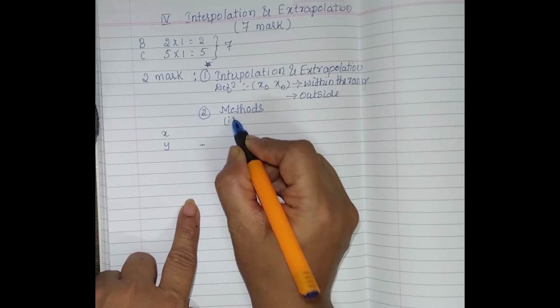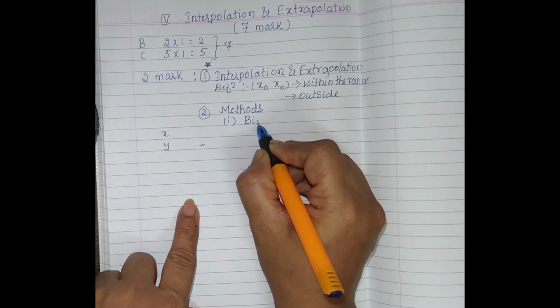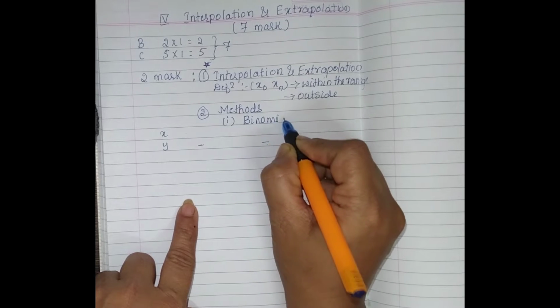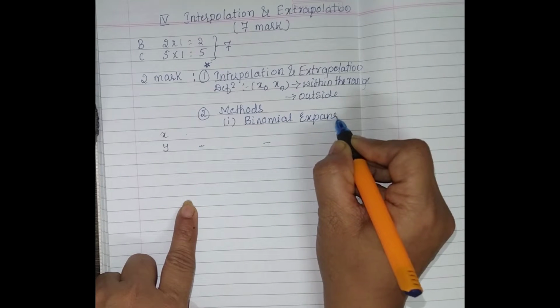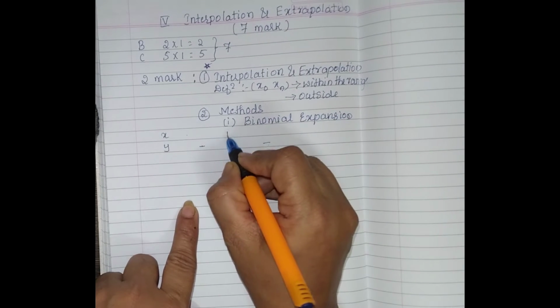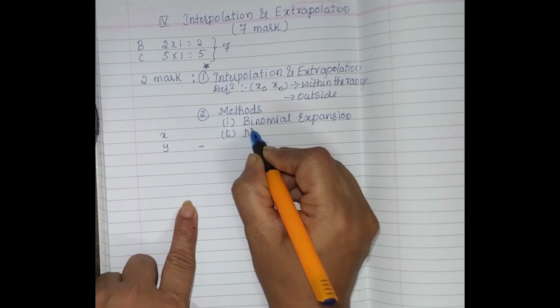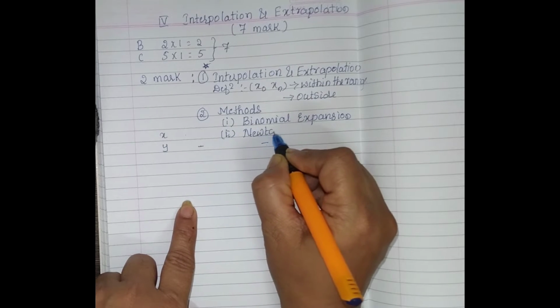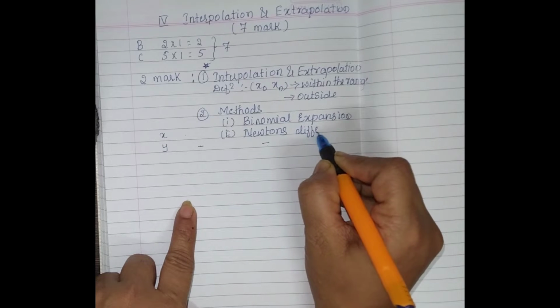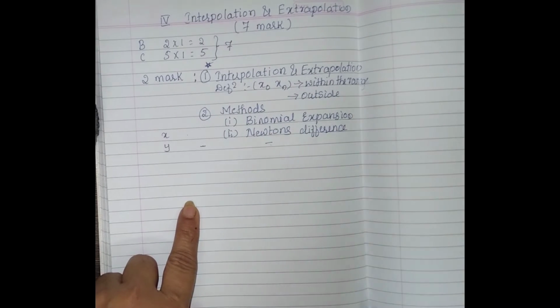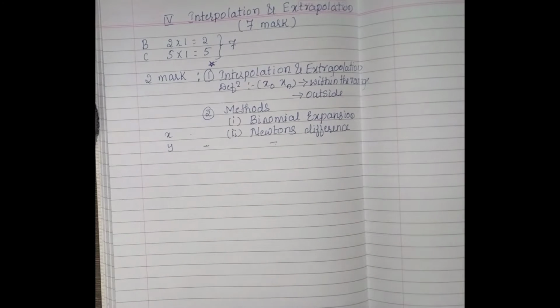The first one is the binomial expansion method. And the second one is Newton's advancing difference method.